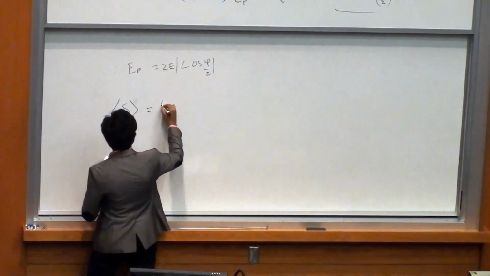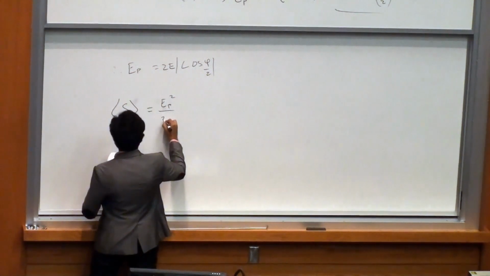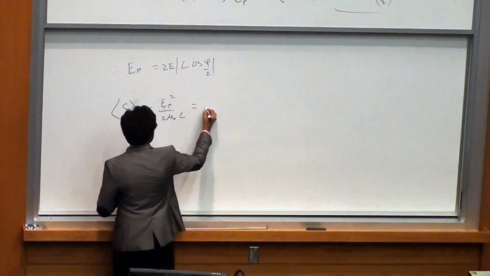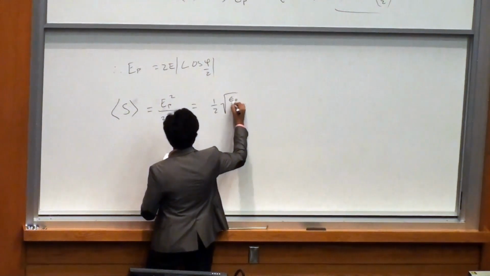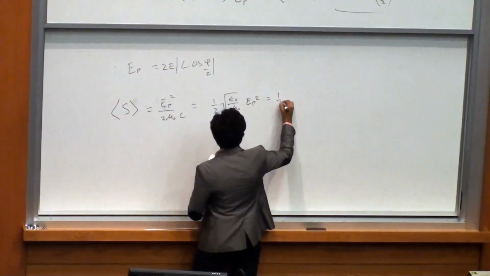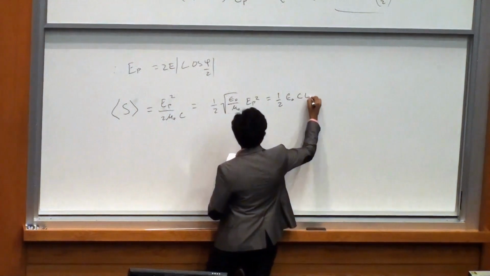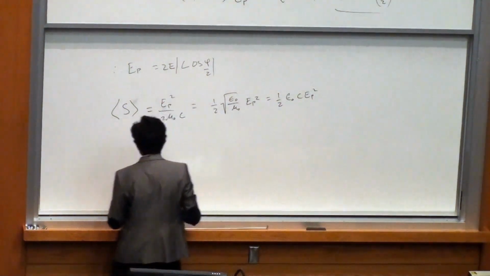So this is going to come out to whatever the electric field is at that point squared over 2 mu naught c. This gives me 1/2 square root of epsilon naught over mu naught E_P squared, which equals 1/2 epsilon naught c E_P squared. And I plug in that E_P squared over there.